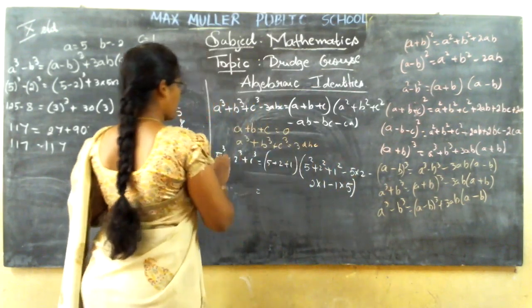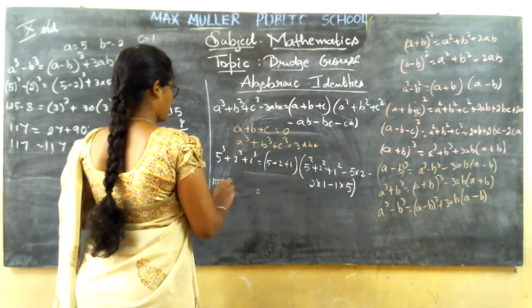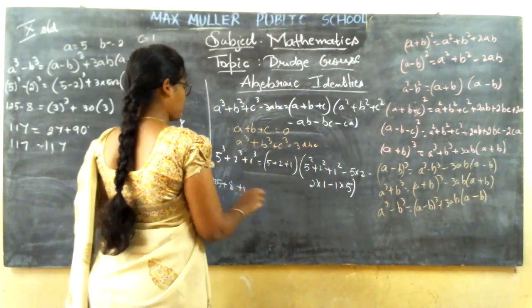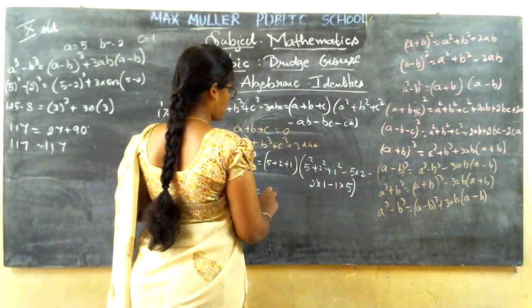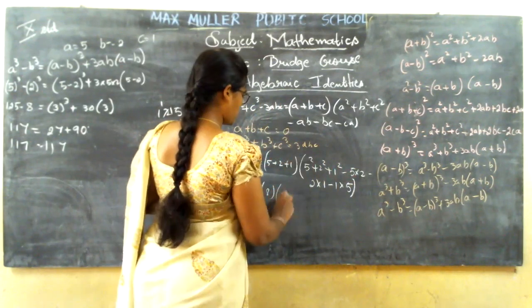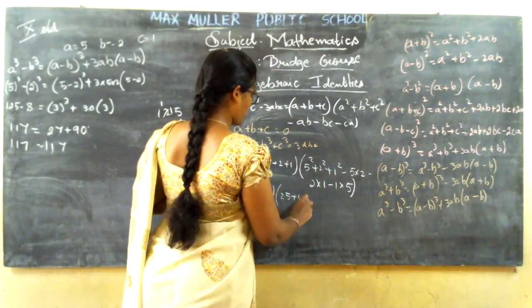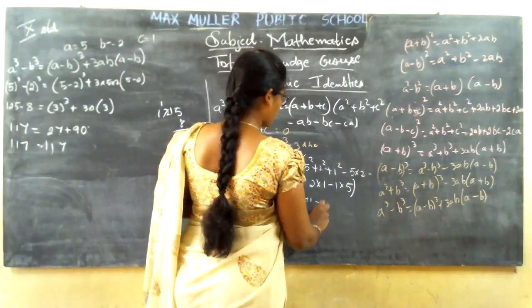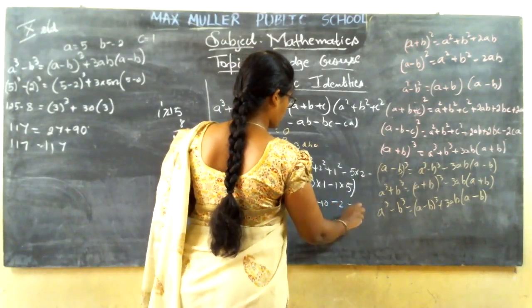So 5 5s are 25, 25 5s are 125 plus 8 plus 1. So this is also 5 plus 2 is 7, 7 plus 1 is 8. 5 5s are 25, 2 2s are 4, 1 1s are 1, minus 5 2s are 10, minus 2, minus 5.